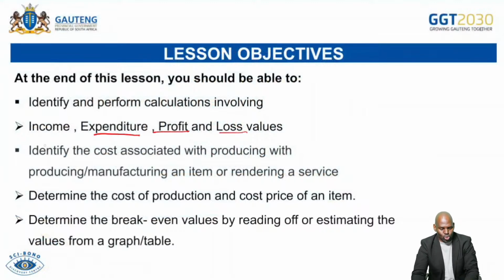We are also going to look at how to identify the costs associated with producing or manufacturing an item or rendering a service. We're also going to look at how to determine the cost of production and cost price of an item. We are also going to look at how to determine the break-even values by reading off or estimating values from the table.